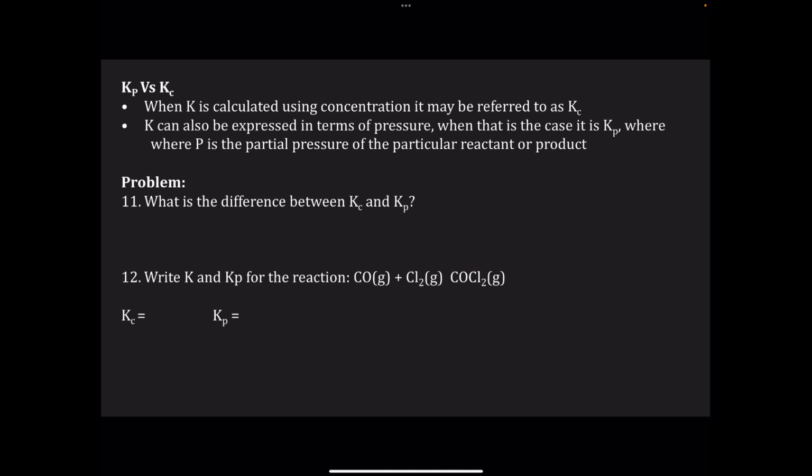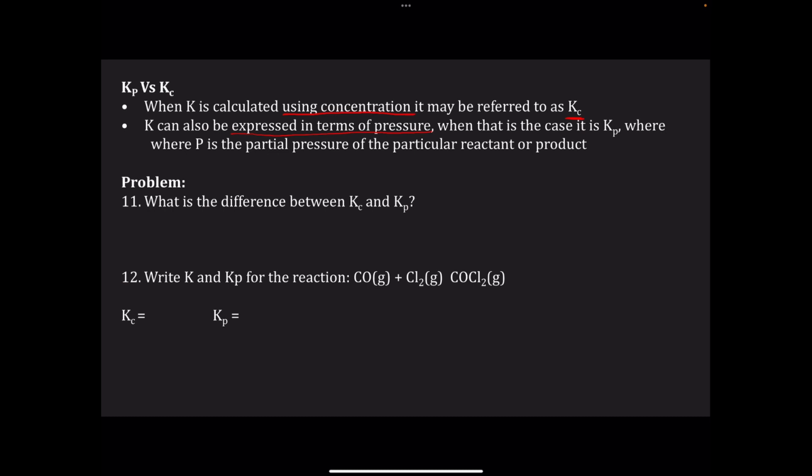Now we mentioned briefly already that we're going to encounter different K values. When K is calculated using concentration, we're going to refer to that as Kc. But if I've got a reaction of all gases, it's more common that we're probably going to measure pressure. And so we could also express our equilibrium constant in terms of pressure.